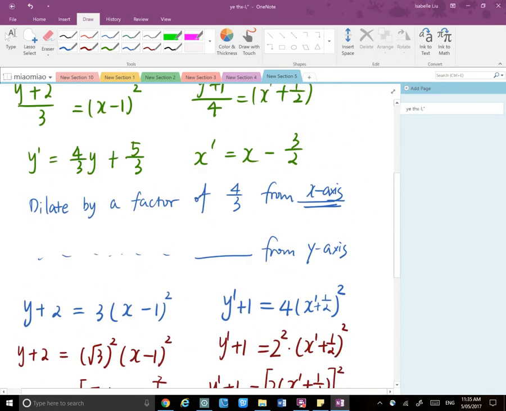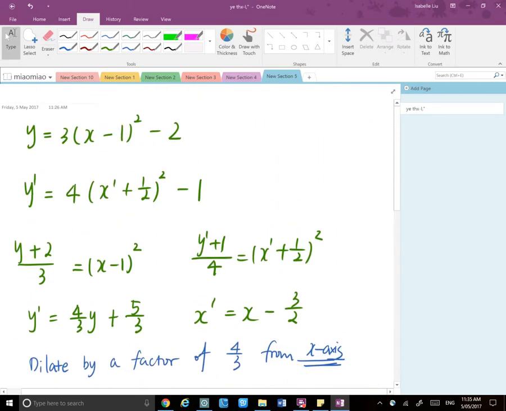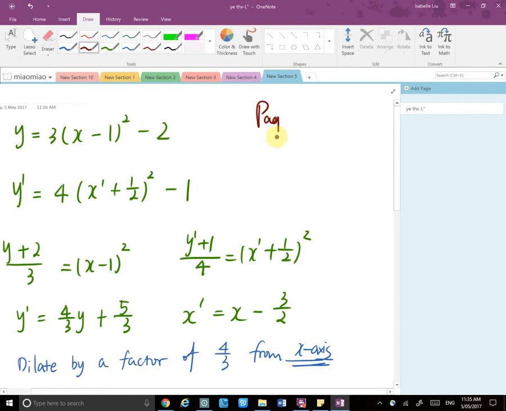Okay, I'll upload this page as the solution of the notes together. So this is page 5, example 3.